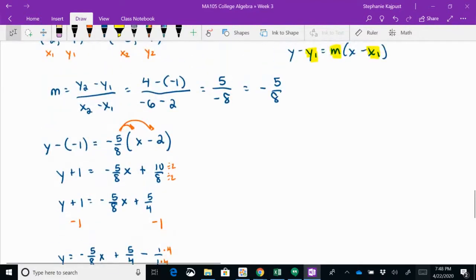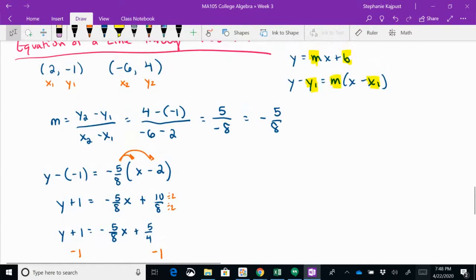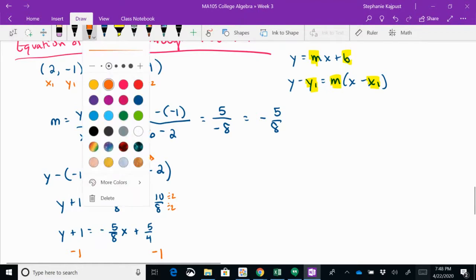When you go up and put the y2, why not y1 first and x1 first? You can. If you wanted to do y1 minus y2 and x1 minus x2, you will get the same answer for slope. So let's test this out.